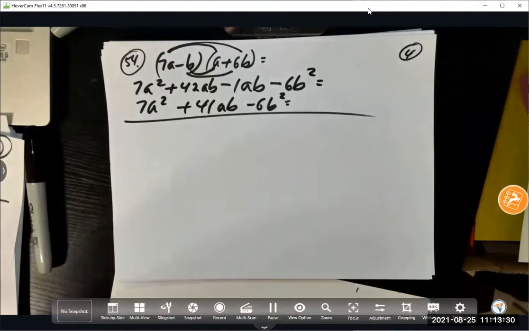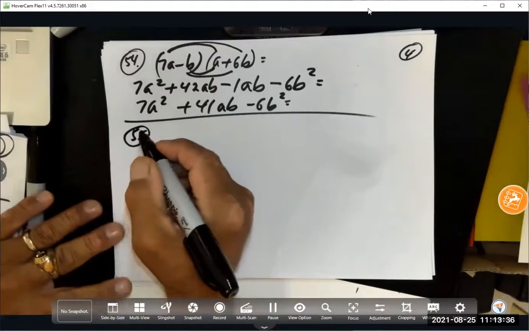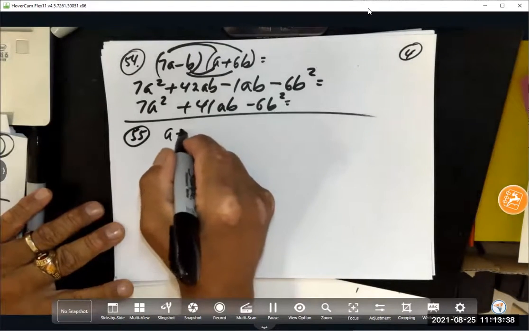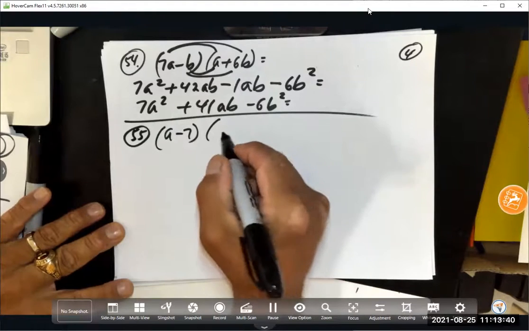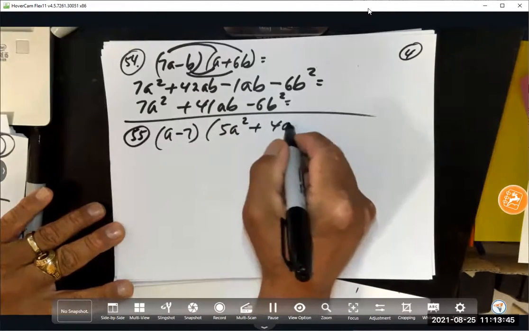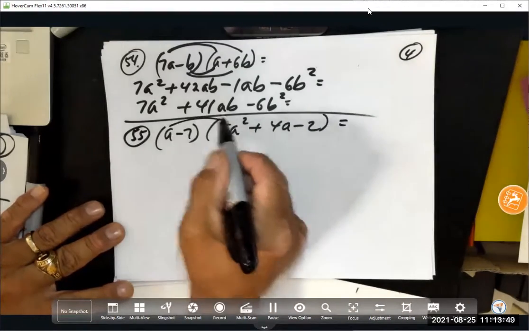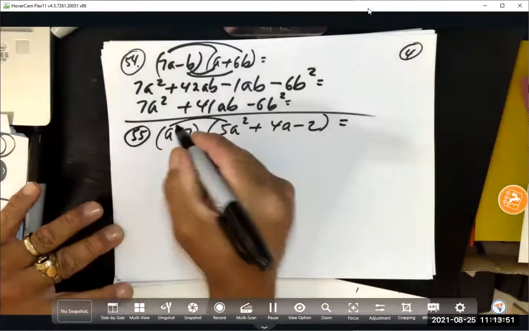55, okay? If you don't know how I'm doing it, just say no, and I'll do it again. 55 says a minus 7 times 5a squared plus 4a minus 2. So first one, a times 5a squared. This is like a 1 power thing.